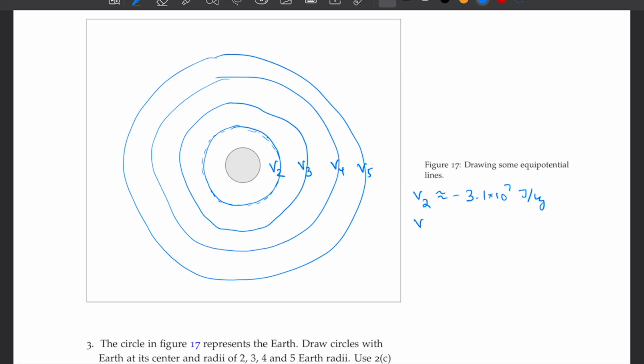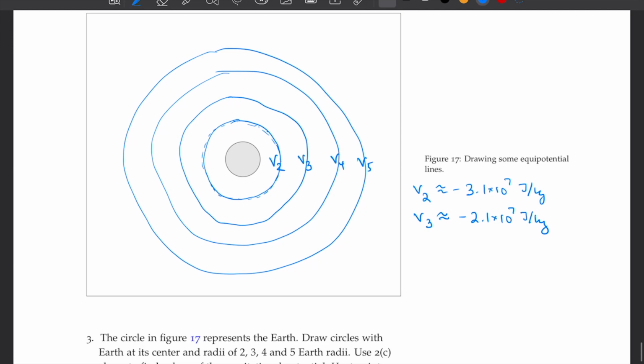V3: the circle given by V3 is also an equipotential line. The potential at any given point on that circle has this value. Likewise V4 is negative 1.6, and V5 is negative 1.3, times 10 to the 7.